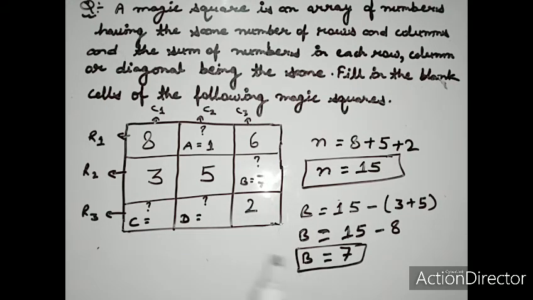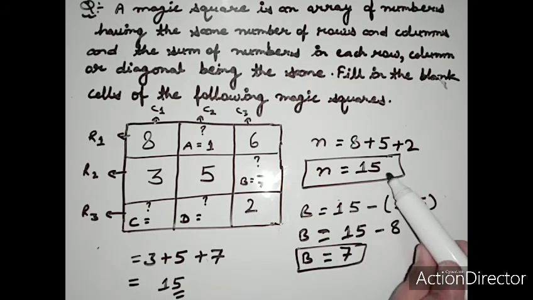Now we check our answer also and add these three numbers, 3 plus 5 plus 7. 3 plus 5 equals 8, and 8 plus 7 is 15. And what is the value of n here? 15. So here we get the correct value of b. b equals 7 is the correct value of b.